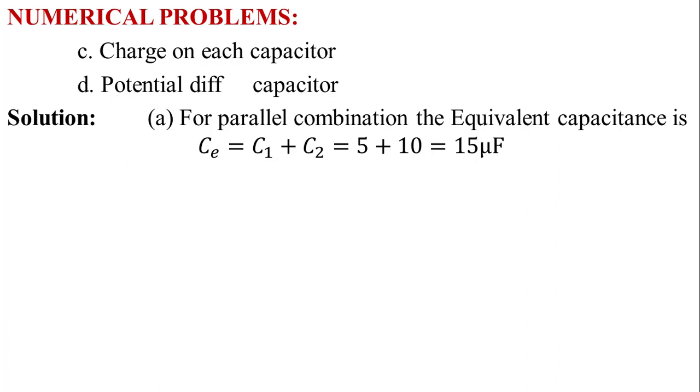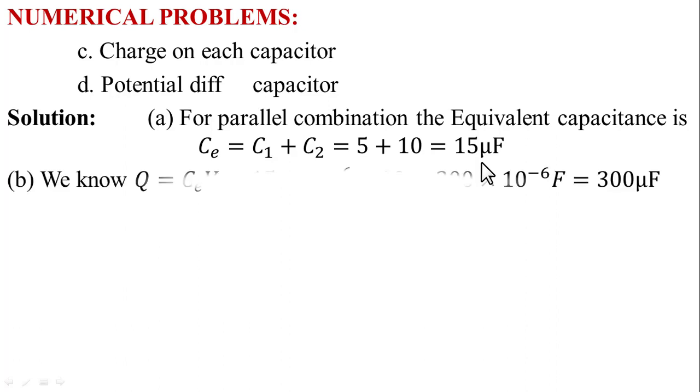Here there are two capacitors, so CE is equal to C1 plus C2. Adding both values, CE is equal to 5 plus 10, that is 15 microfarad.